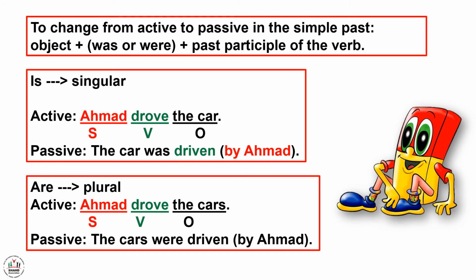Ahmed drove the car. Ahmed is the subject, drove is the verb, and the car is the object. The passive voice of this sentence: the car was driven by Ahmed.